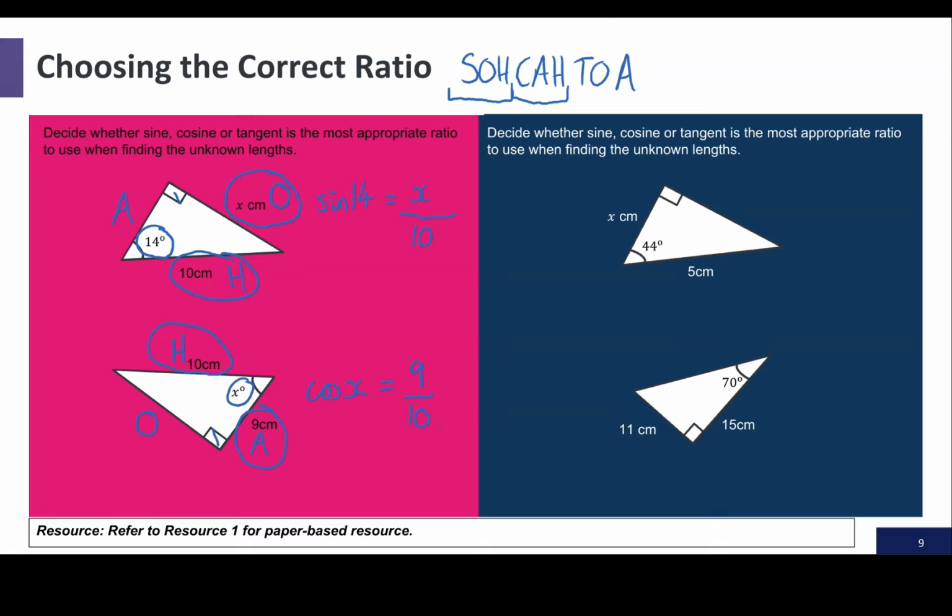Here are the answers. The 5 centimeter side is H. There's O. There's A. And underneath, H, O, A. In the first example at the top, it will be cos. Cos 44 will be X over 5.